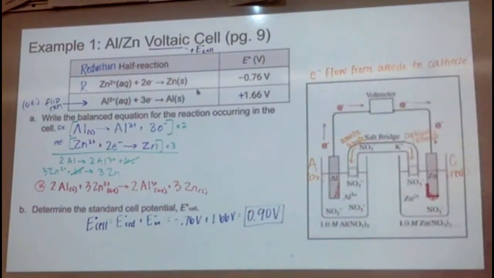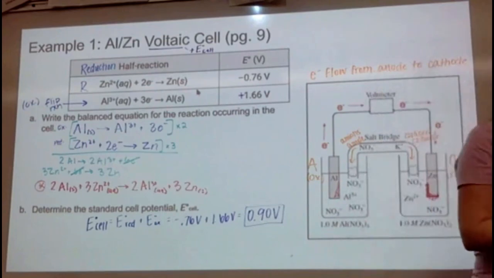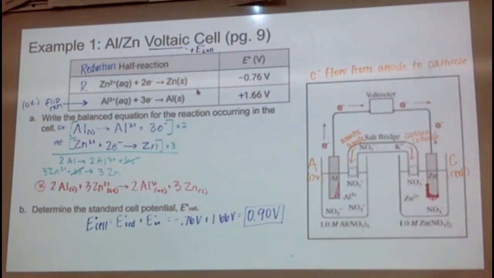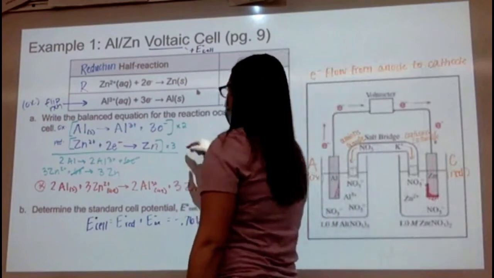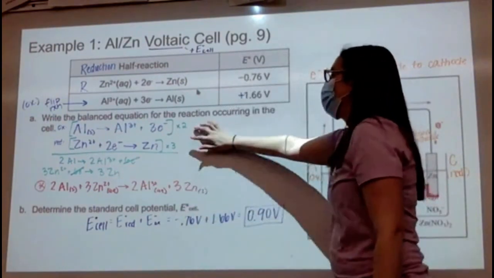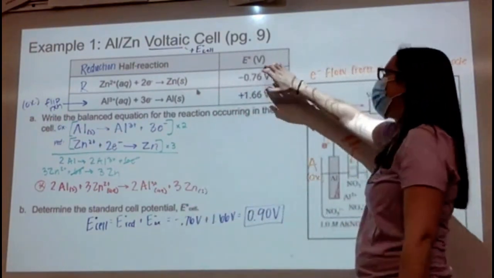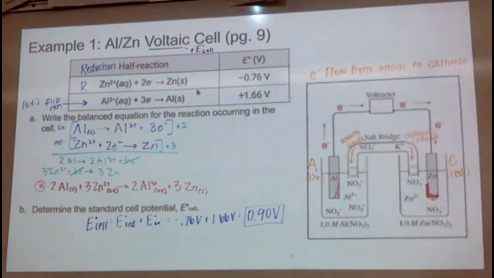Now there was a key thing that I talked about in the video, unlike what we did with delta G and delta H when we manipulated the equations. Yes, we multiplied both of these. But even if you multiply, the only thing you do to E naught is change the sign.